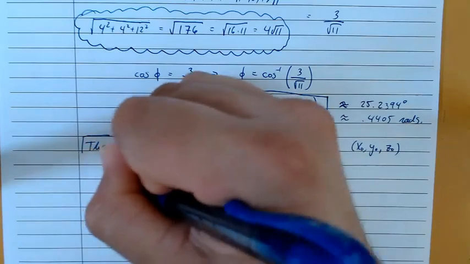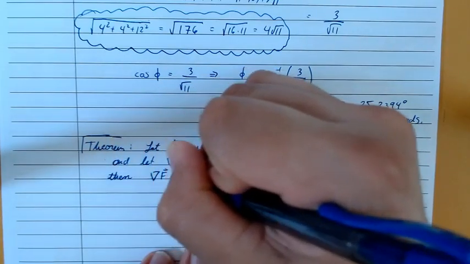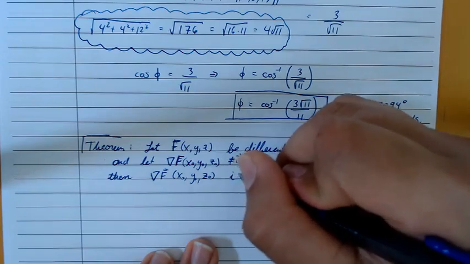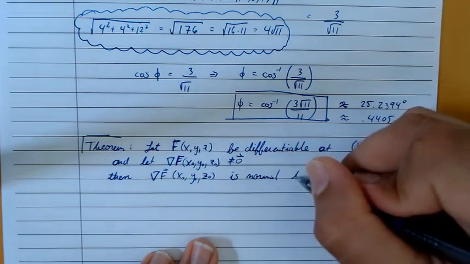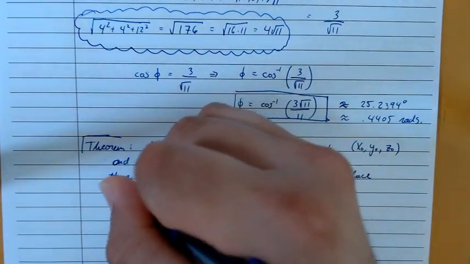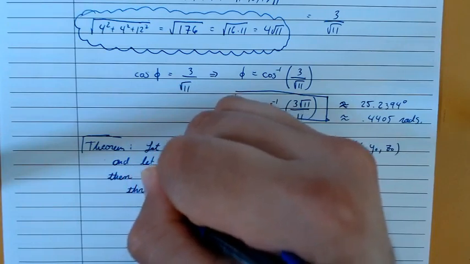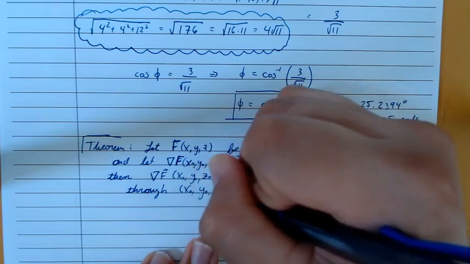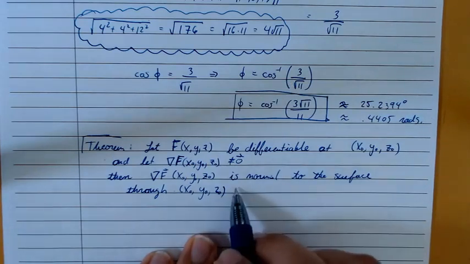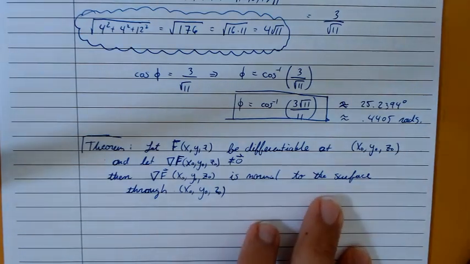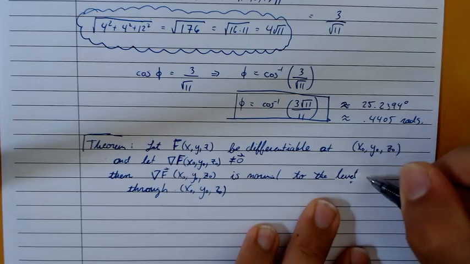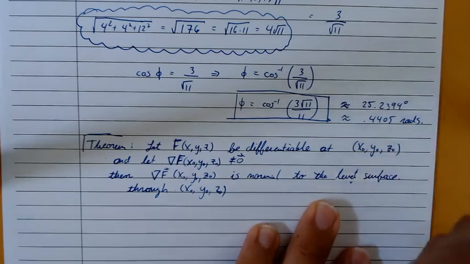Then the gradient of f at x naught, y naught, z naught is normal to the level surface through that point.